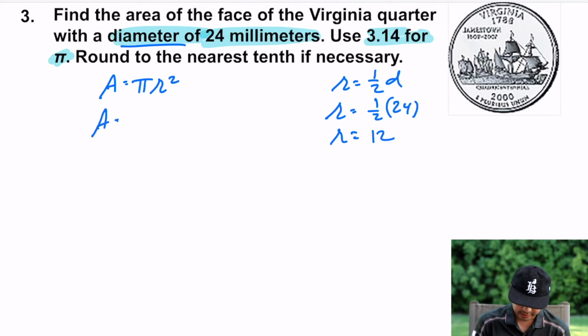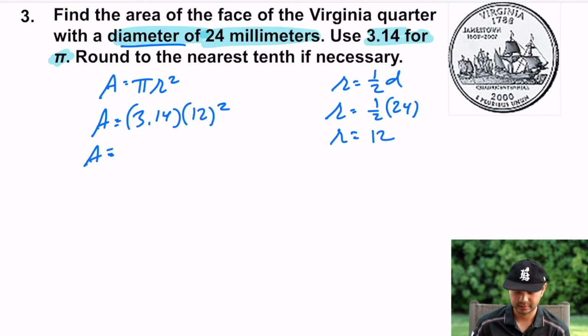So area equals pi, which it said to use 3.14 as an approximation, times the radius, which is 12 squared. Okay, so from here, this is just working everything out. Remember that you have to follow order of operations. So you cannot multiply 3.14 times 12 first. You have to do the exponents first, and then you multiply.